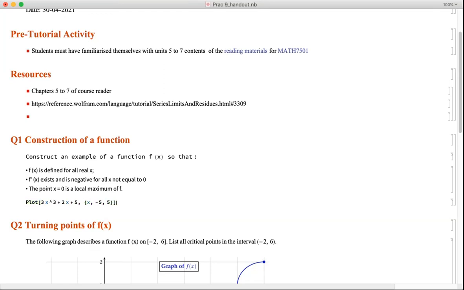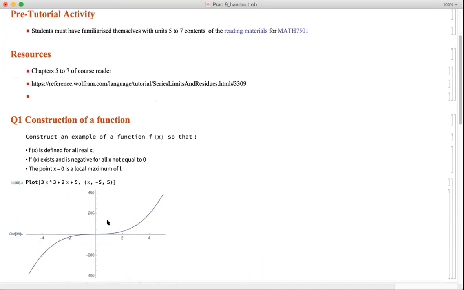Okay, someone gave me this answer. Let's plot it. Okay, that doesn't look correct. You can try plotting the function and give me that.